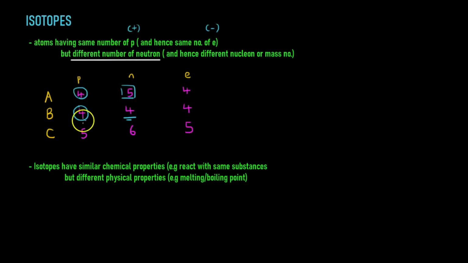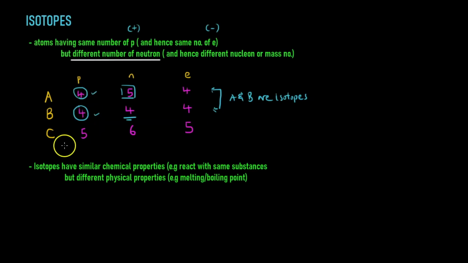Same number of proton of 4, but nucleon is that A has 5, B has 4. So this one obviously fits into the criteria for being an isotope. And hence A and B are isotopes. Whereas C is totally out because the number of protons are different already.